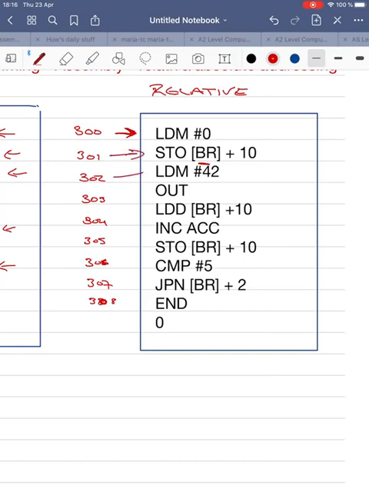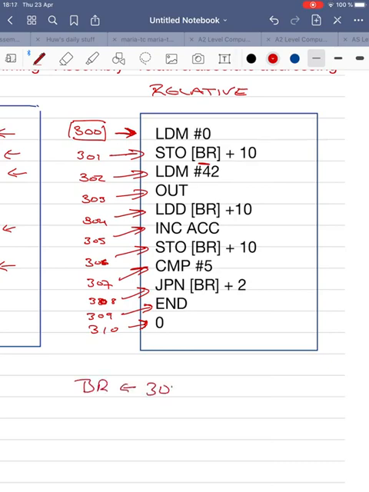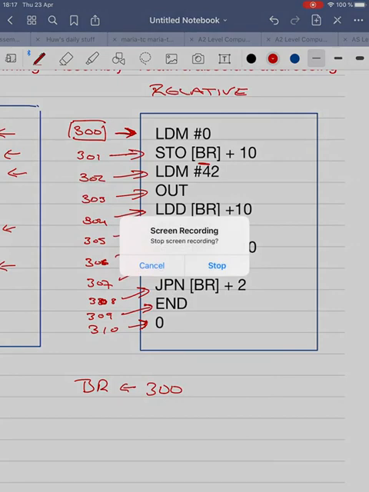I followed the lines of the page rather than the lines of the instructions. This is 308, this is 309, and this is 310. Okay, so the value in the base register is going to be this one, 300. So we've got in the base register the number 300.